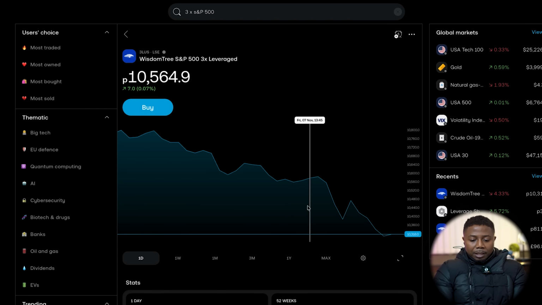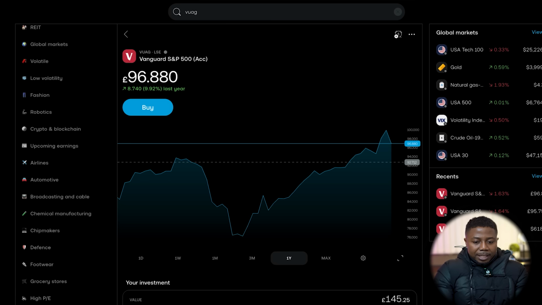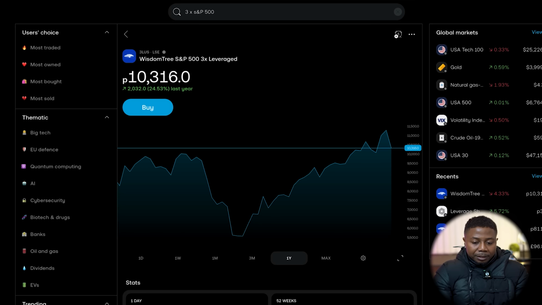If you look at 1 year, you'll see that the S&P 500, year to date, this time last year, is up by 9.92%. Now you'd expect that the leverage one will be up by 3 times that, but it's only up by 24.53%. So it doesn't exactly mirror it.